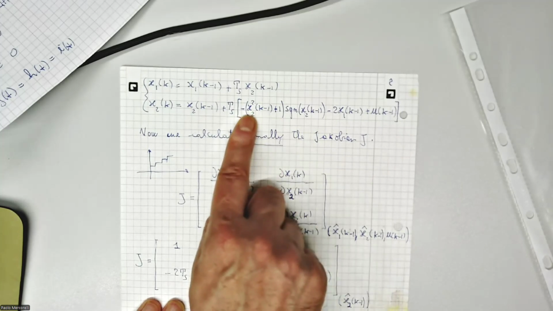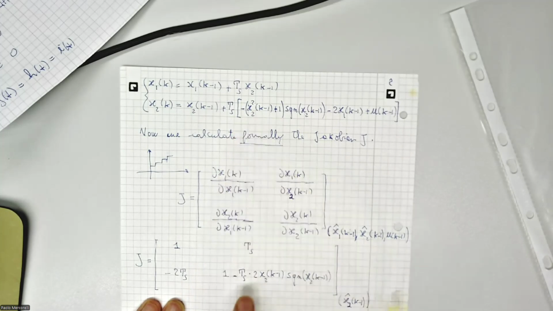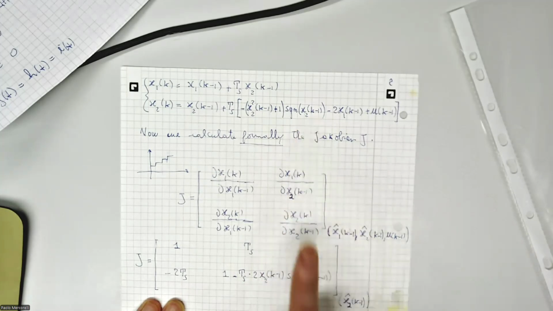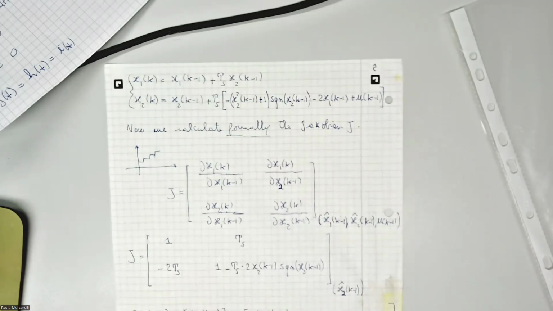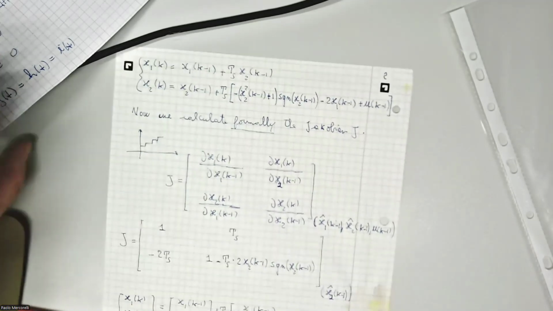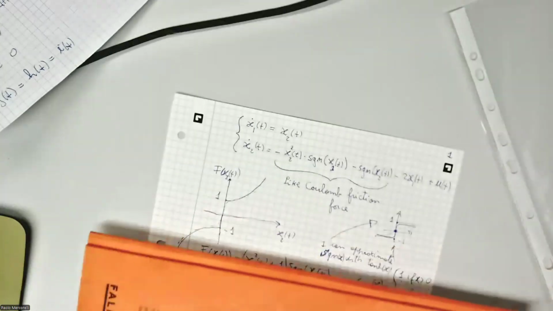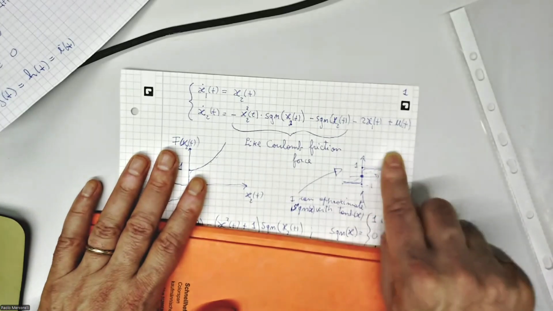I mean, the derivative of this expression here is 2 times x2 of k minus 1, which multiplies TS as we multiply this one. But I didn't consider the derivative of this, because if you remember this structure, the derivative is 0 everywhere.